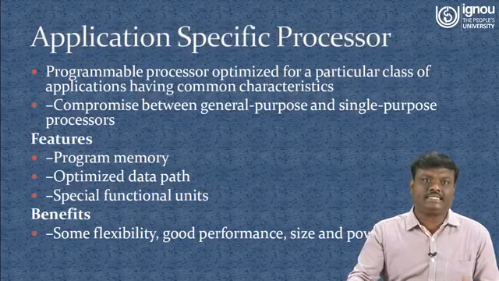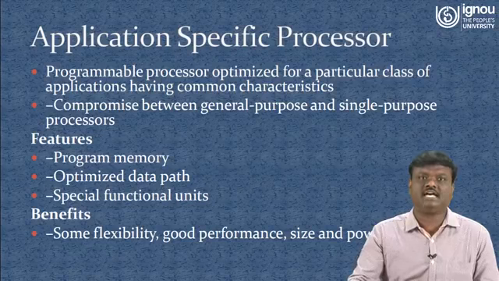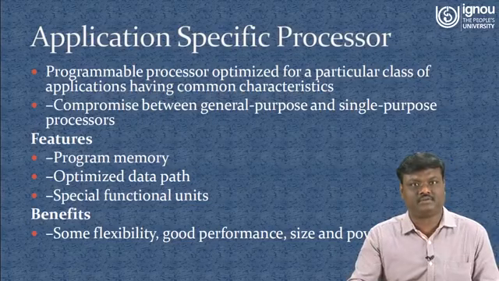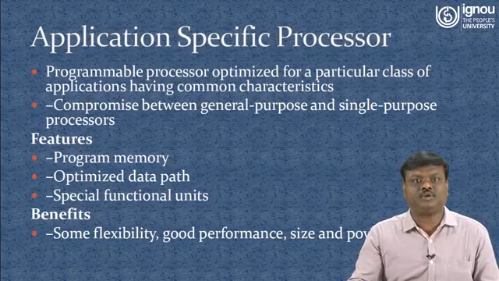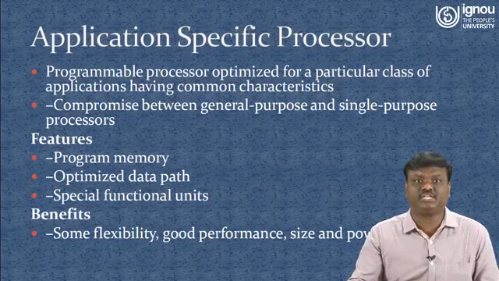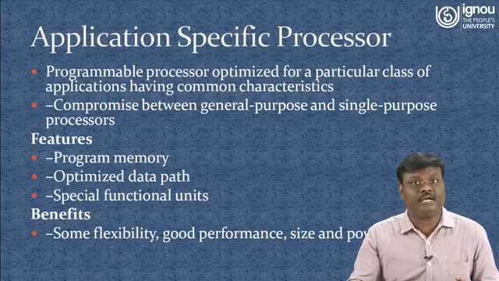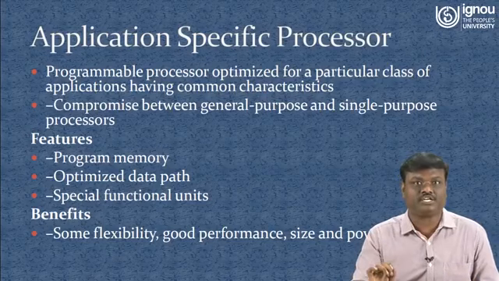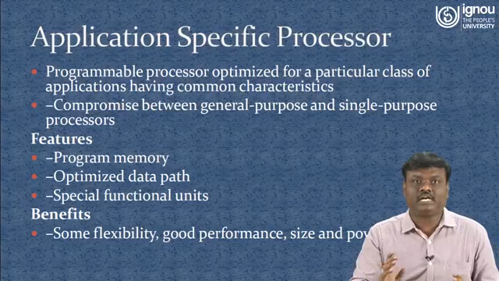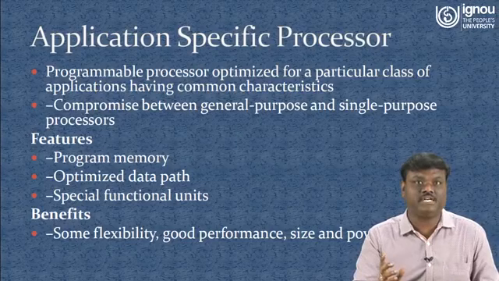And then coming to the third kind of processor, that is the application specific processor. It is a programmable processor optimized for a particular class of applications having common characteristics. So this is not considering the complete program, it is considering only the specific application. For example, controlling of the brakes, controlling of the speed in a car.